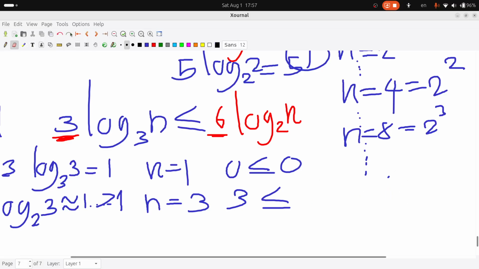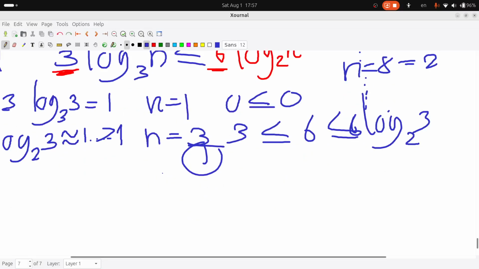So what can we write? We can write that 6 log n base 2. We can write it like this. And for another n from the starting point it will be 2.